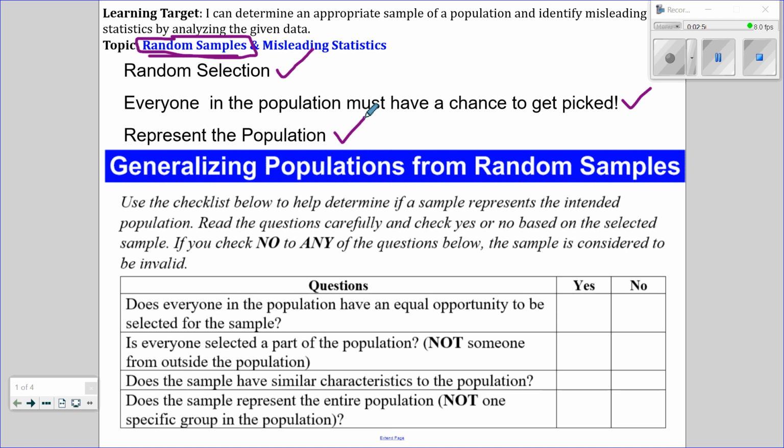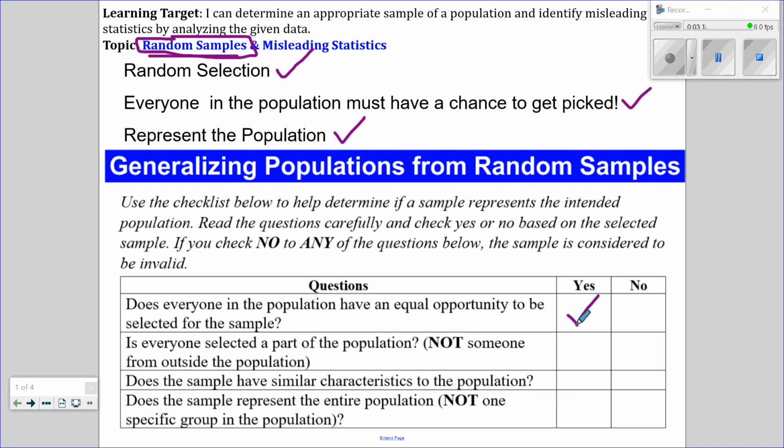The first thing we look for: does everyone in the population have an equal opportunity to be selected? Again, everybody must have a chance to get picked, so that's yes. Is everyone selected a part of the population?